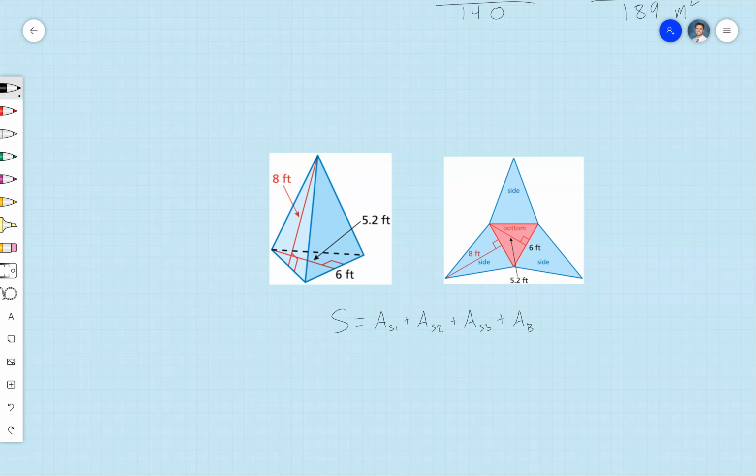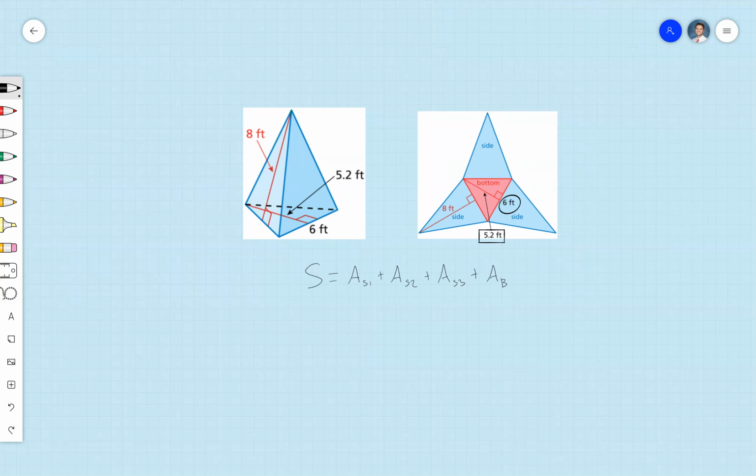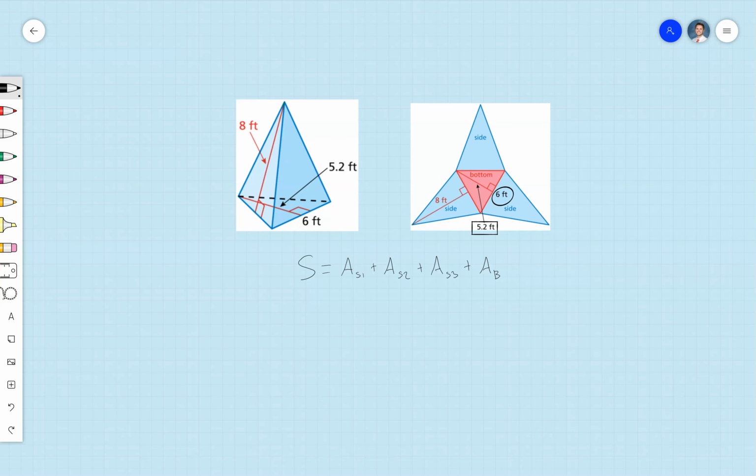So let's start with our base. We can see that it has a base of 6 feet and a height of 5.2 feet. And our base is a triangle, so we're going to be finding 1/2 of the base times the height. Now we know that the base is 6 and the height is 5.2.